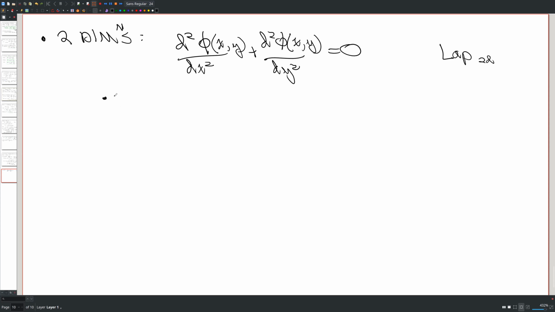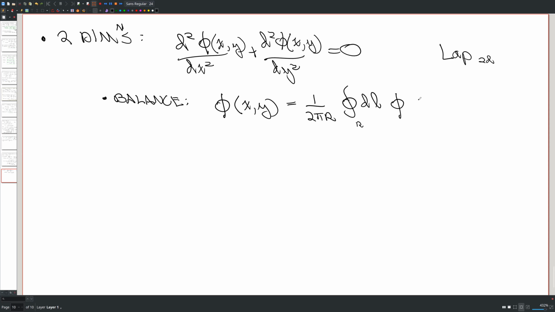However, it still has the balance property, meaning that the value of the solution of the Laplace equation at a certain point is just going to be equal to, let me write it like this, the integral over dl of phi at R plus L dl.